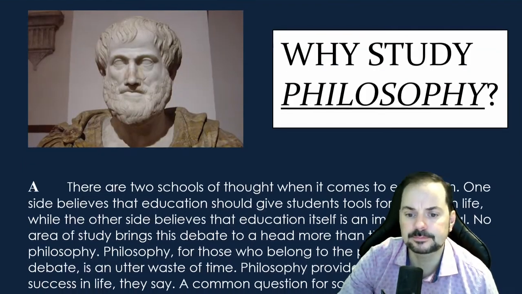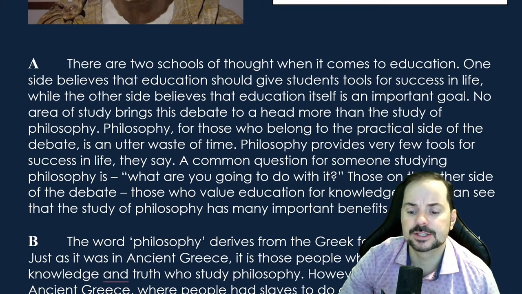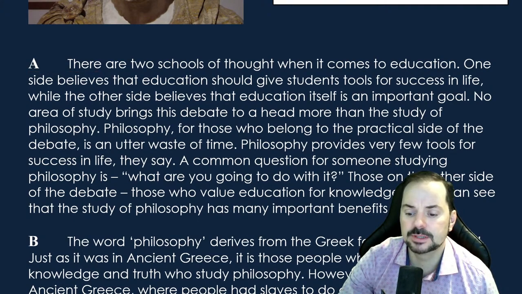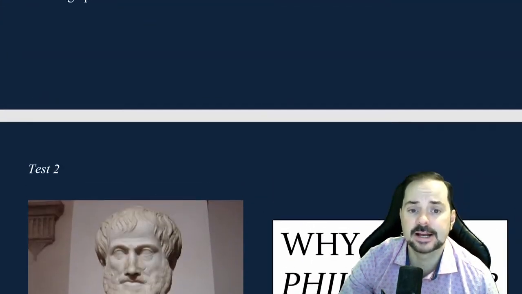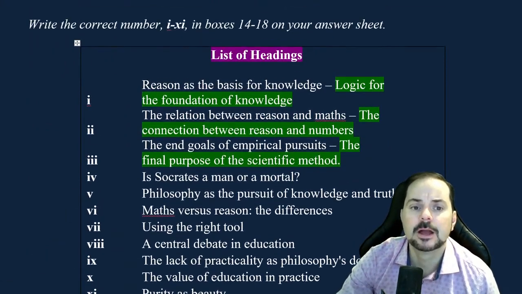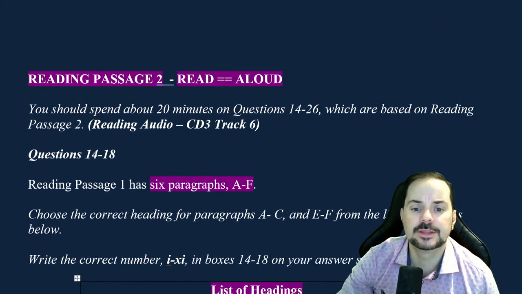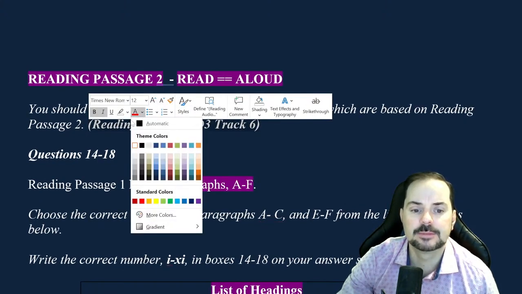Okay. And then you read. So students, we're going to read this here together. And I'm going to play the audio for you. So again, on our website, and many of you have access to our premium courses, which is fantastic. It will tell you that this is reading audio CD3 track 6 on the website.